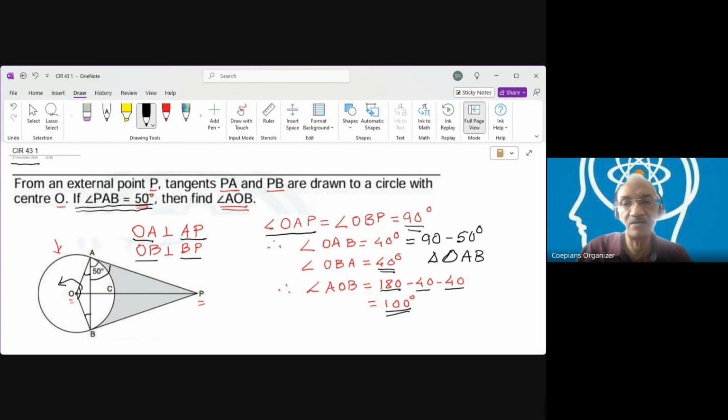So the remaining angle becomes 40 degrees. And again, we are using the property of the tangent that the two tangents drawn from an external point are congruent. So this angle will also be 40 degrees. And the remaining angle in triangle OAB is going to be 180 minus 80, which is 100 degrees.